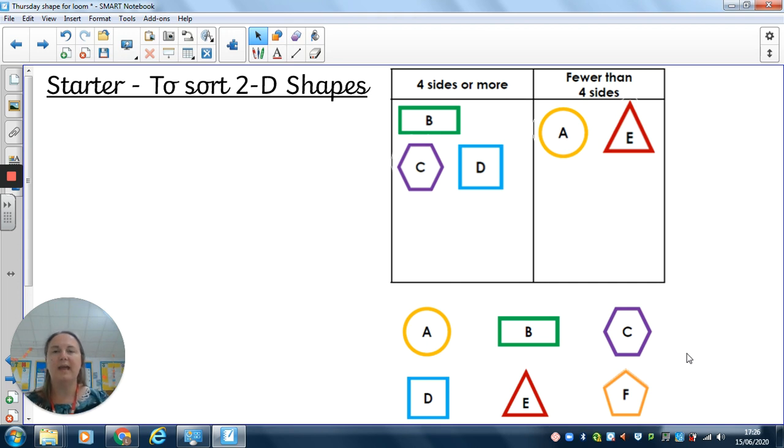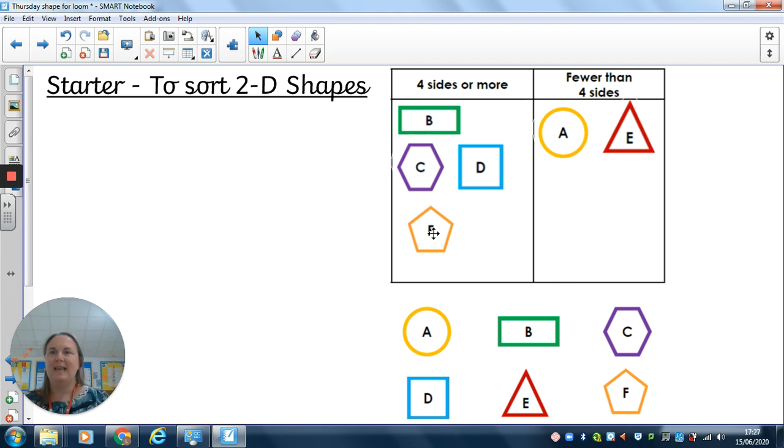And our last one, F. Can you count the sides and then point to where it should go on my table? Are we ready? So F is a pentagon. It has 1, 2, 3, 4, 5 sides. So it's going to go over here in that section.